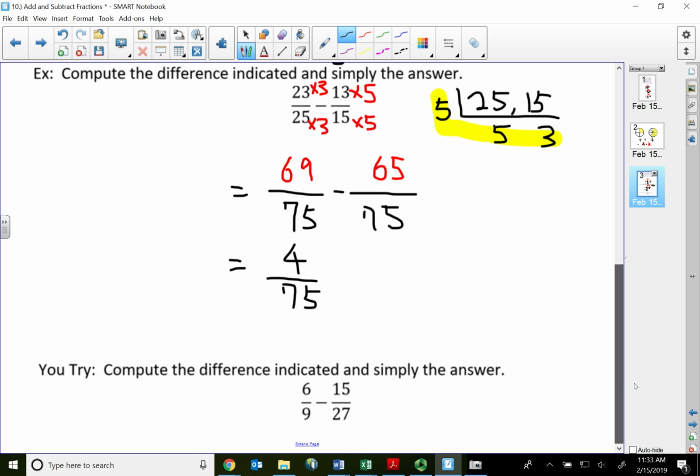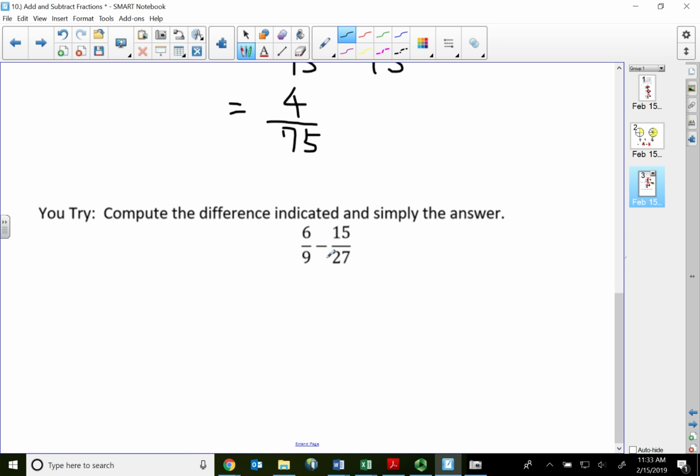All right. The second one I asked you to try, the least common denominator between 9 and 27. Got to be 27. So my second fraction is not going to change because the LCD is the same as the original denominator. So that will still be 15, right? 27 on 27 times by 1.